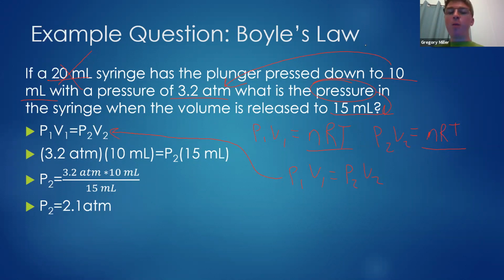If you're struggling with the named gas laws, convert everything to the same units that you would for your ideal gas law. So liters, moles, Kelvin, and either atmosphere or torr, whichever one you want. Again, we have constants for both of these.